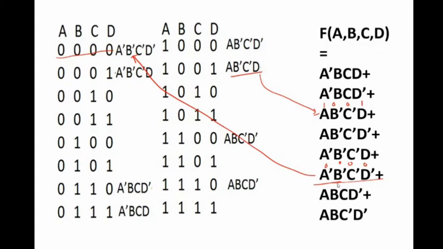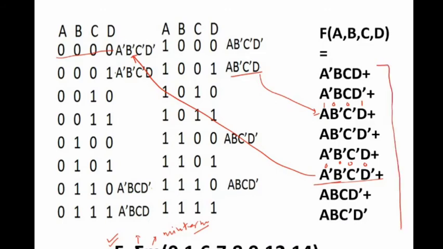So now these values will be written, the equation will be written, as F is equal to summation m. Small m is for mean terms. Summation means you are adding all the terms. We have an addition of all the terms. So this is also known as sum of products.